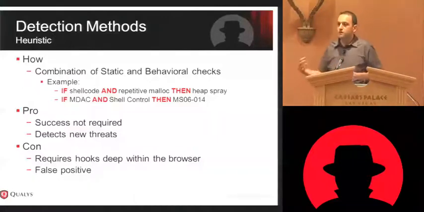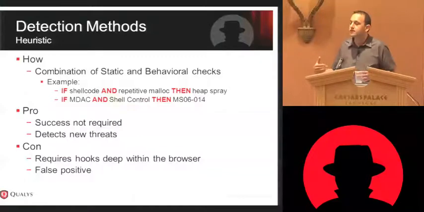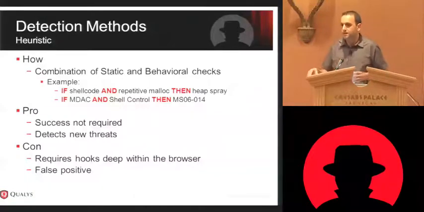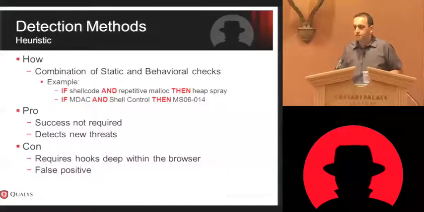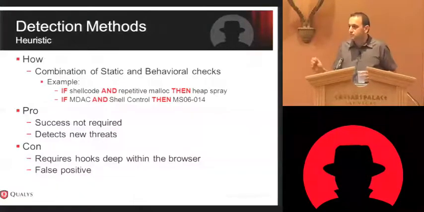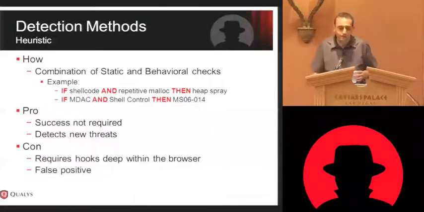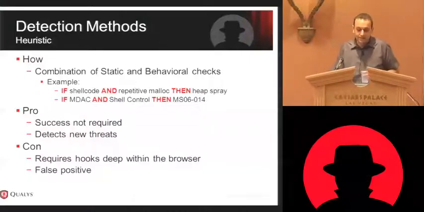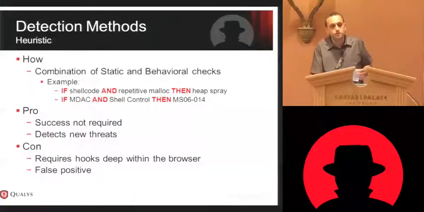The heuristics that we're looking for in order to make these categorizations are deep within undocumented APIs that require a lot of reverse engineering and days upon days spent looking at IDA. If any of you guys are from MSec, just give me like 20 minutes alone with the source code or even a header file, and I would love you forever. But that's a big con, and it's also prone to false positives.